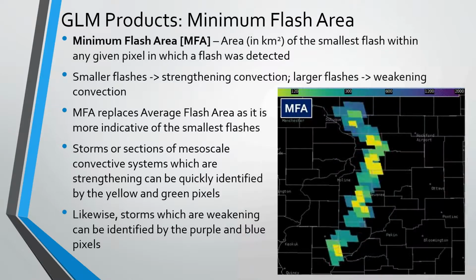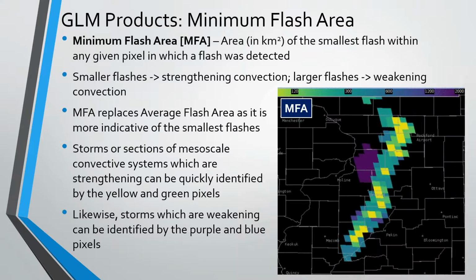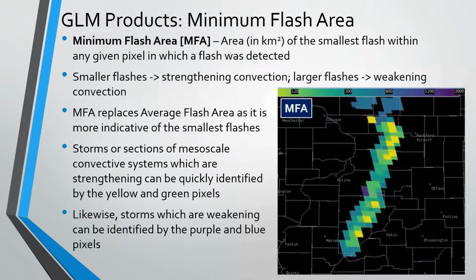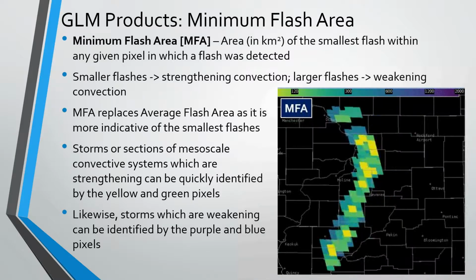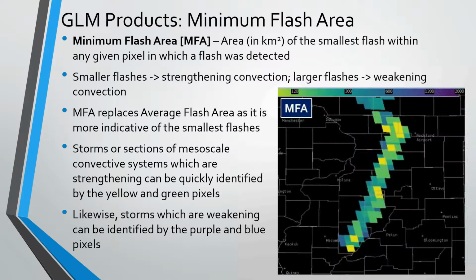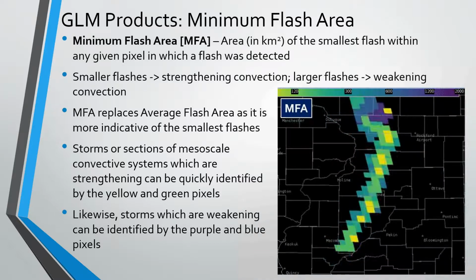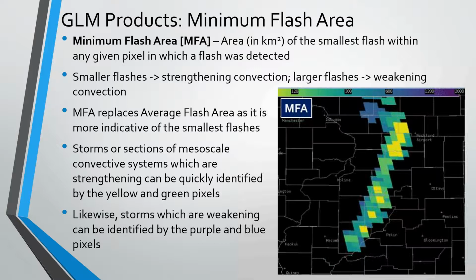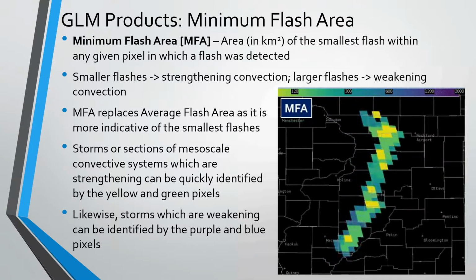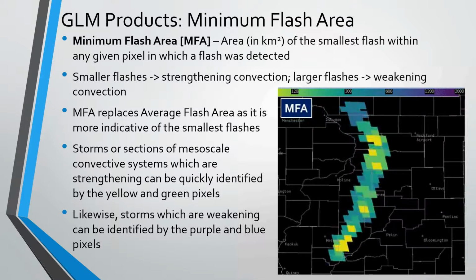But if you just see one of those gold pixels fleck up for a second, and then the minimum flash areas return to being larger values, then maybe this one is not as important as other embedded updrafts within this convective system. So it's really about monitoring where your strongest updrafts are and monitoring the evolution of the convective mode.